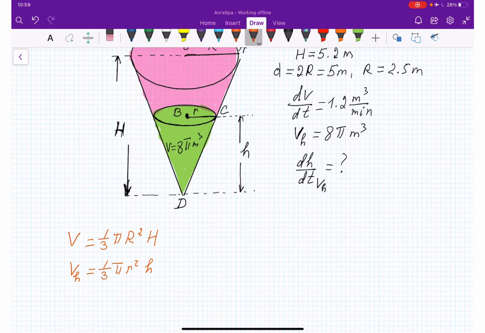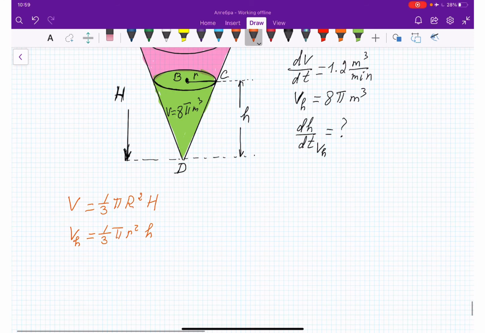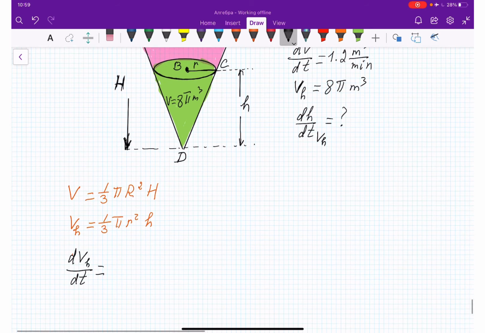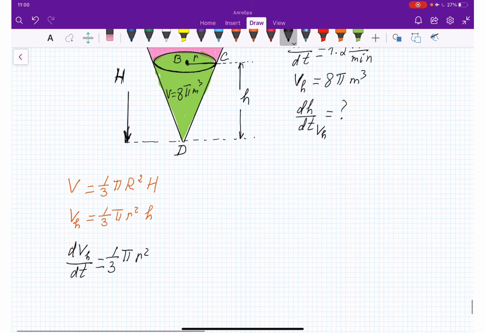Okay, so to find the rate of change, we need to get derivative, which is going to be dVh by dt is equal 1/3 pi lowercase r squared, and dh, since I'm doing by dt, and we're going to get dh by dt.